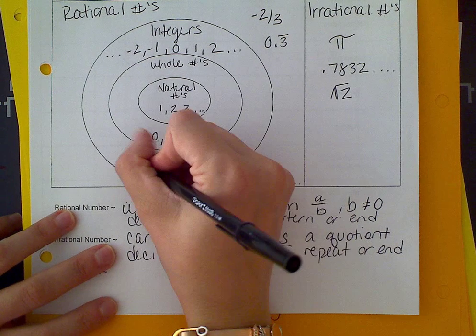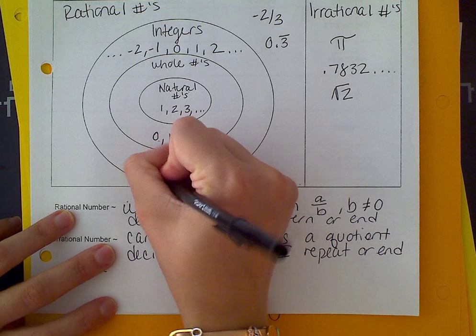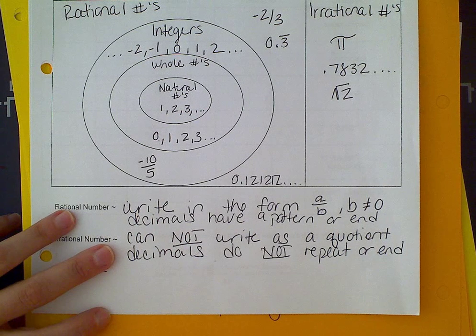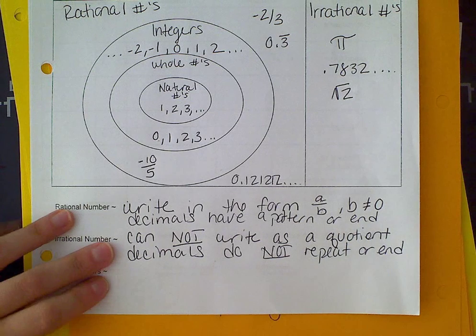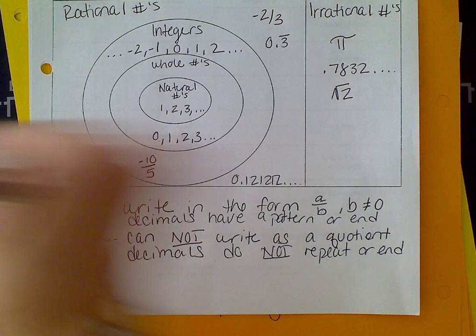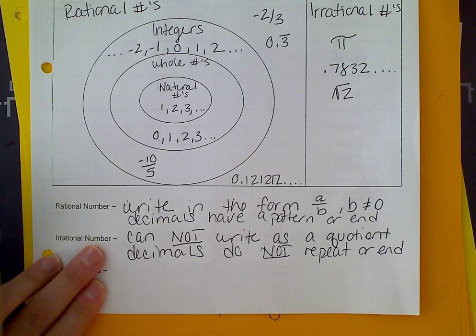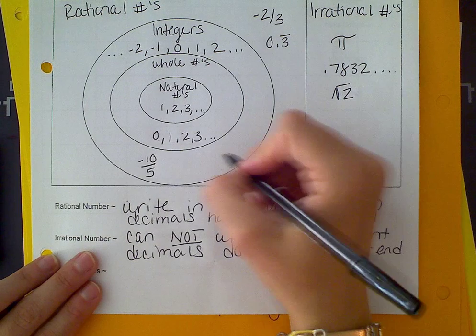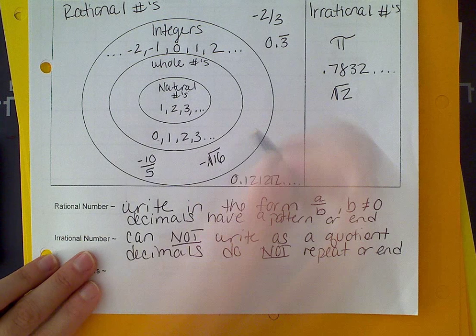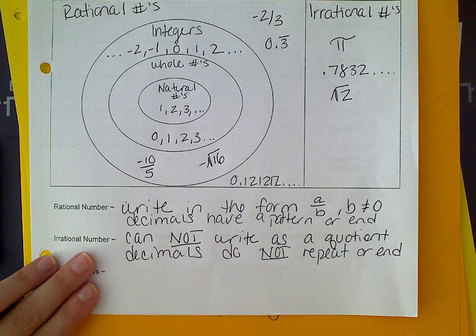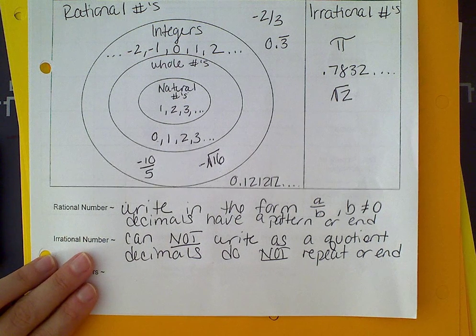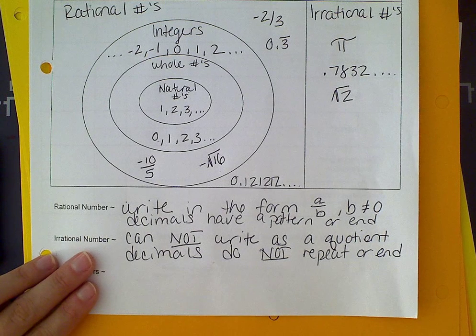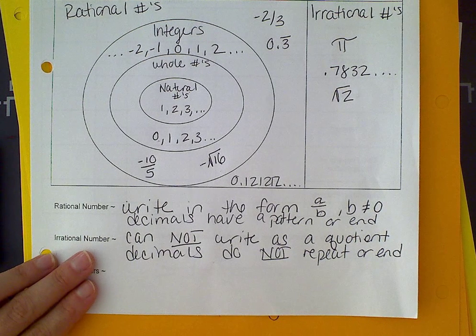They'll write -10/5. Because really -10/5 is what? -2. Okay, so even though they write it a little bit different, that's still what that is, right? Or like -√16. Because what's the square root of 16? So it's really -4. So it's still within that category. So you might have to simplify it a little bit in your brain before you put it in the right category.